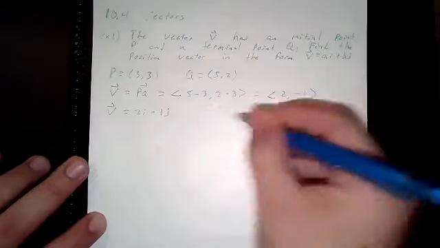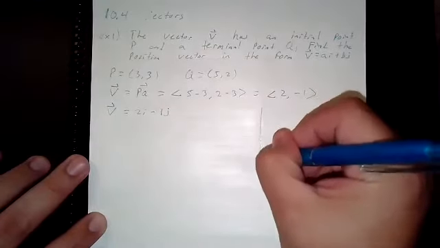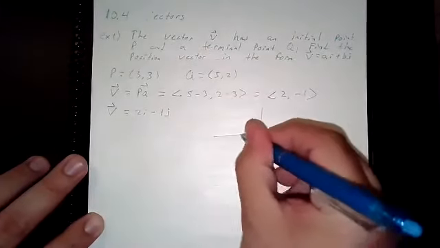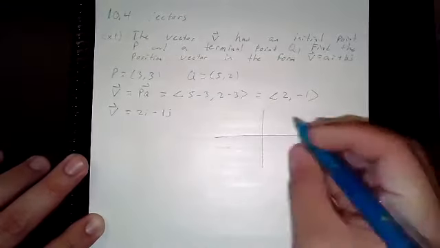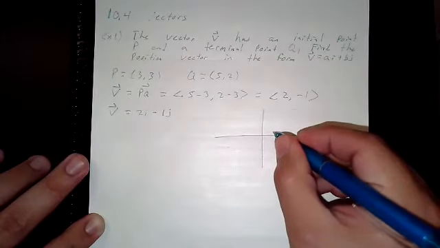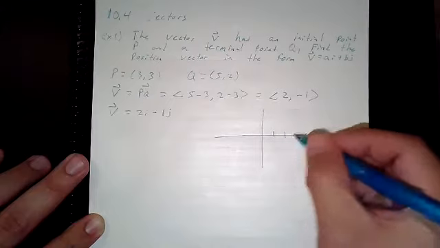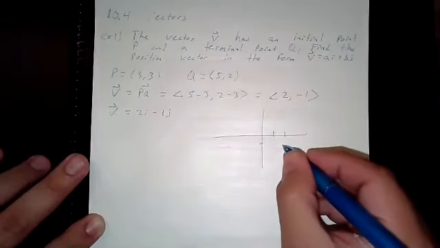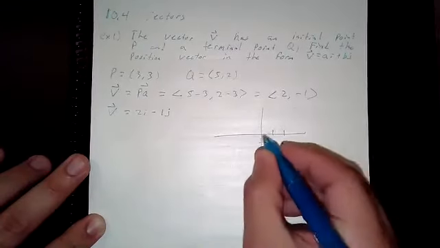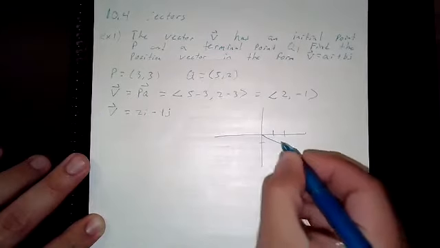Visually, this would be 1, 2, negative 1. It would be this arrow, this vector.